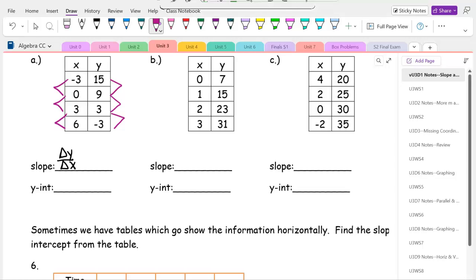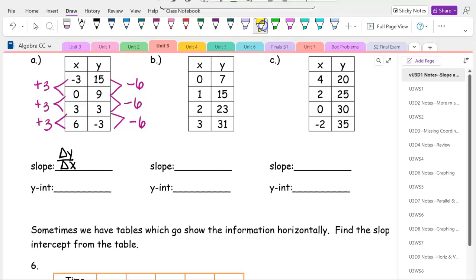And here's the thing, maybe you're not a huge fan of negatives. You should actually be able to do your jumps anywhere you want. So like 15 to 9, that's going down 6. 9 to 3, that's going down 6. 3 to negative 3, that's going down 6. Up on this side for the x's, these are each going up 3.